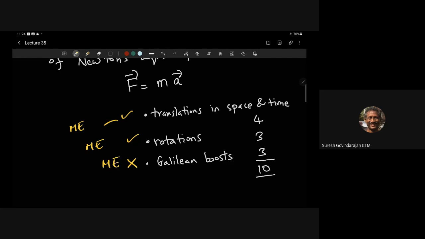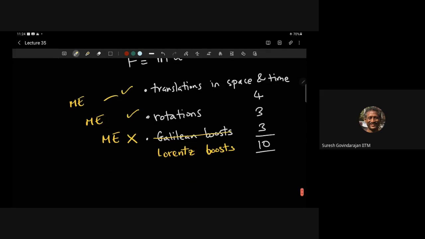We will find that this has to be replaced by something else called Lorentz boost. This follows from studying Maxwell's equations and its invariances.